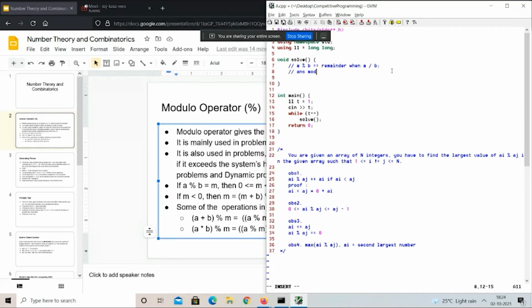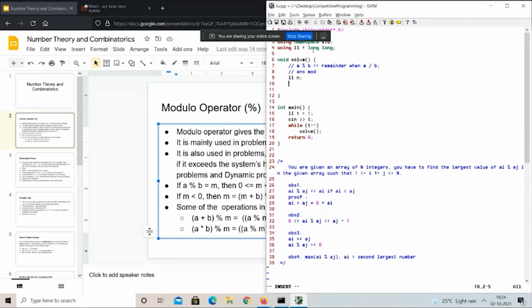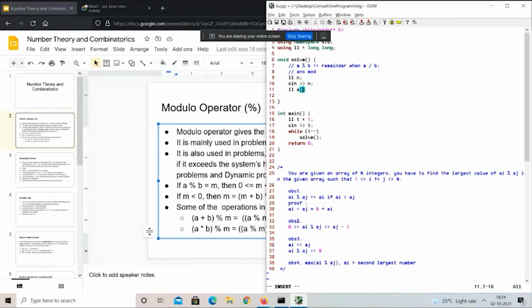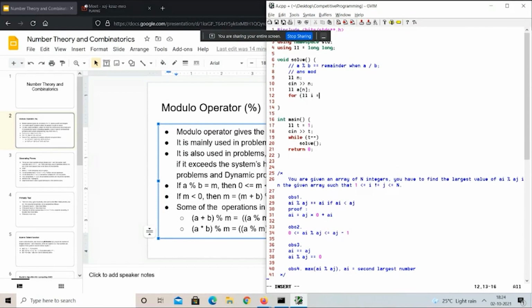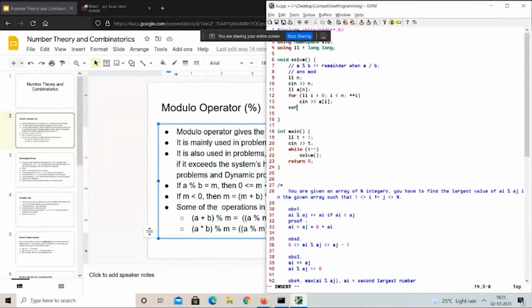So we'll write the code right now. For reading, instead of int, I'm using long. Plus we read all these numbers. C++ has an inbuilt sort function, so we will use this.